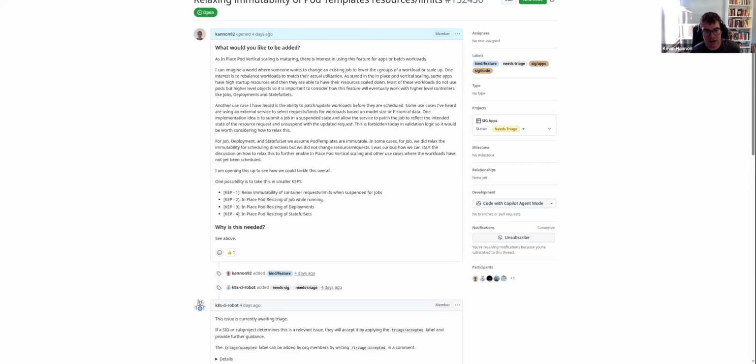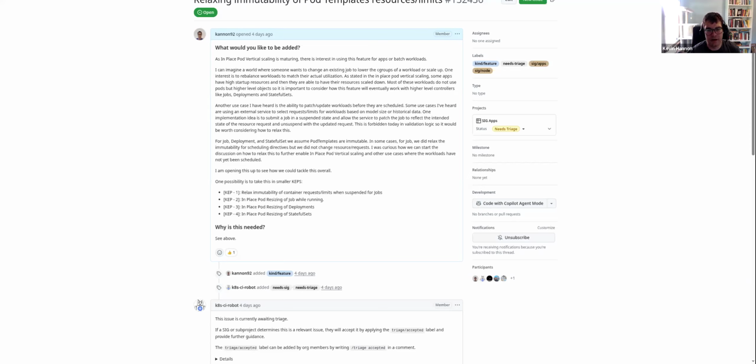So I was walking through how we approach this. I wrote up a quick POC of at least step one, which is relaxing the immutability for container requests and limits while a job is suspended.